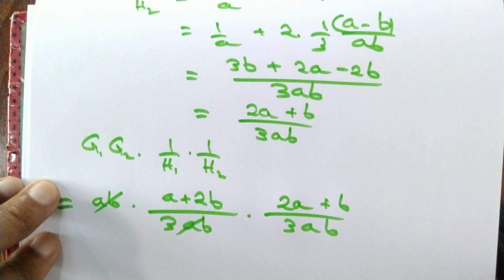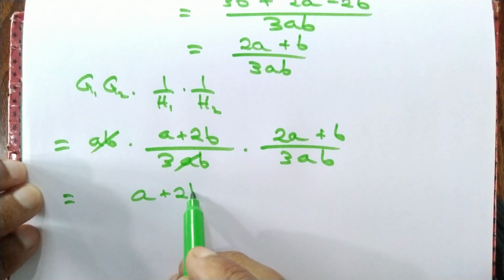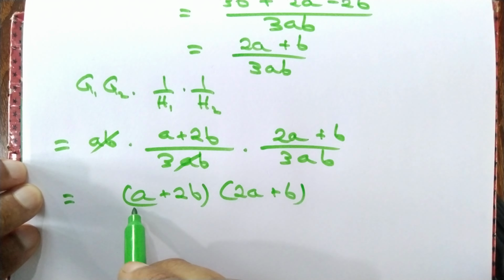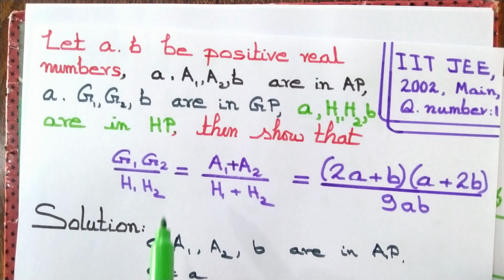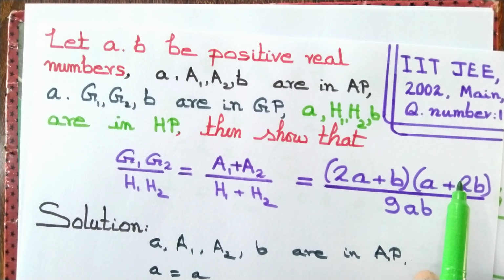We cancel ab out and write it simply as the final answer: a plus 2b times 2a plus b divided by 9ab. So we proved the first equality as we did earlier, and lastly we proved that g1 g2 divided by h1 h2 equals 2a plus b times a plus 2b by 9ab, and we are done.